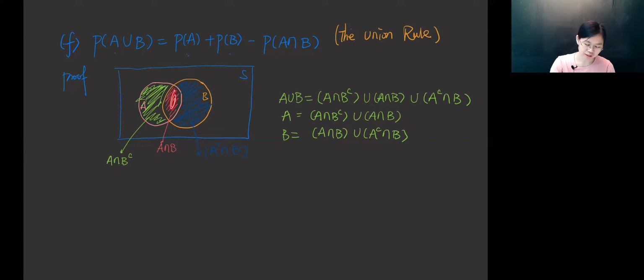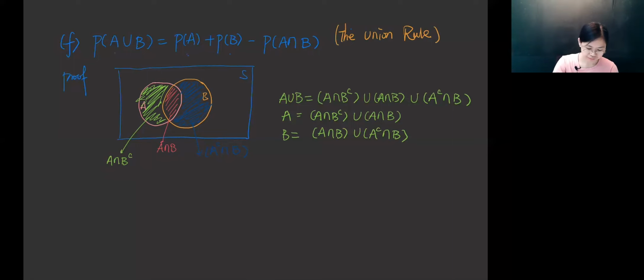And this pink shaded area is in both A and B, so that's A intersect B. This blue shaded area is in B but not in A, so that is A complement intersect B. These 3 events form a partition for A union B.